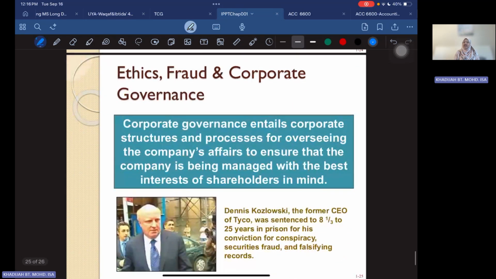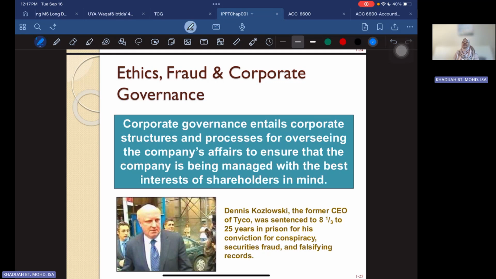So ethics, fraud, and corporate governance. Corporate governance is how you govern corporate activities. It entails corporate structures and processes for overseeing the company's affairs to ensure that the company is being managed with the best interest of shareholders in mind.